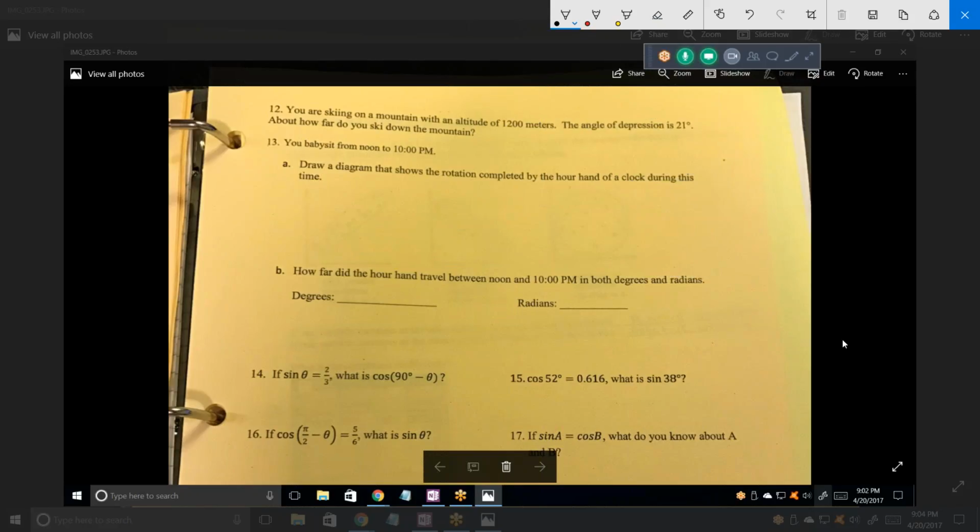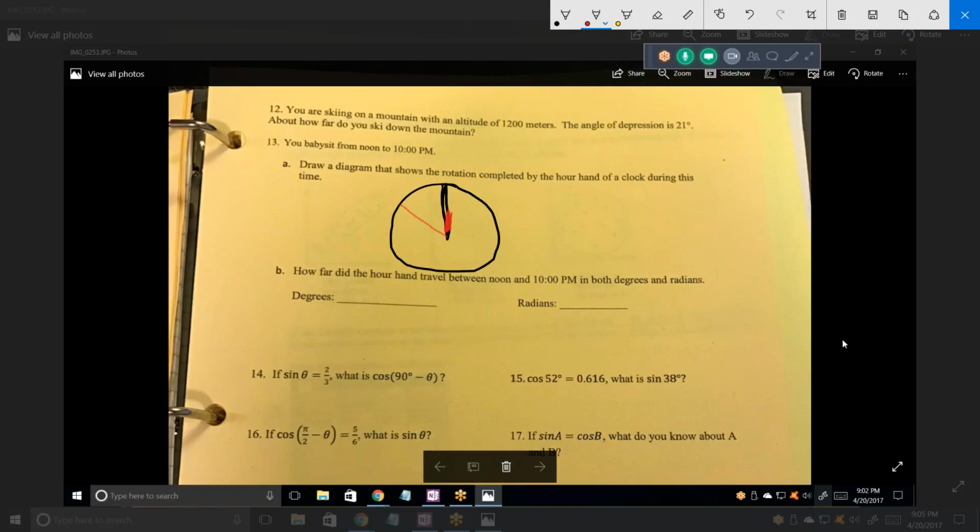Okay. You babysit from noon to 10 p.m. Well, at noon, the hands are like that. At 10 p.m., the big hand is like that, and the little hand is like that.